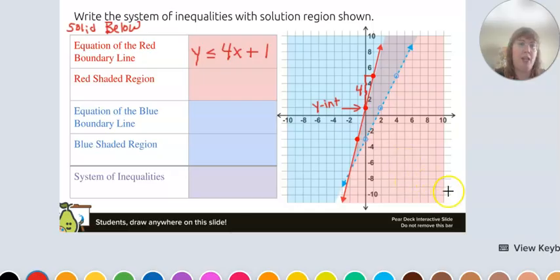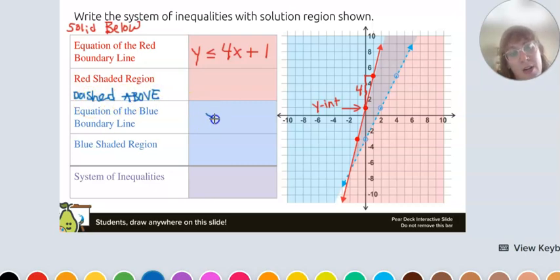Then we have our red shaded region on the graph. For the blue, we have a dashed line, and it's shaded above. So above means greater, and it's dashed, so it's just going to stay as greater. So we have y is greater than.